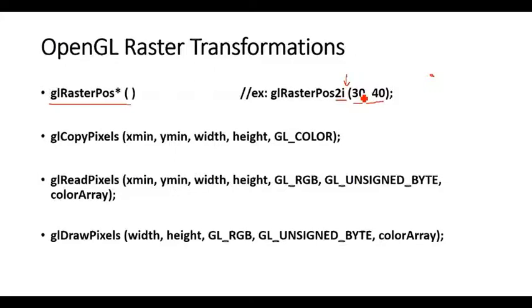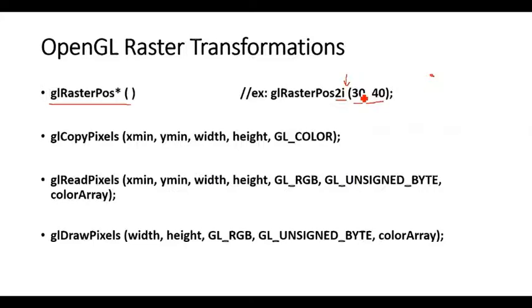If you want to put a color there, it would go and put a color at 30 comma 40. This raster position will actually help us to set the current position in our frame buffer. This is similar to our cursor in the documents that we would do.